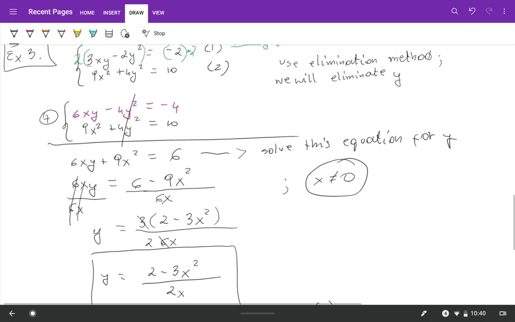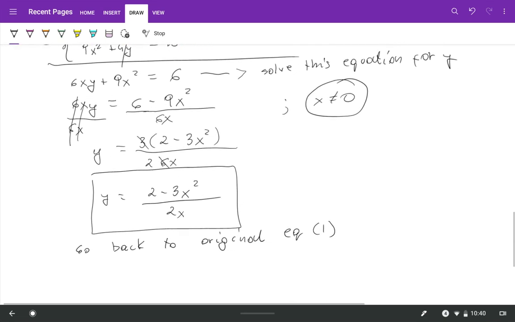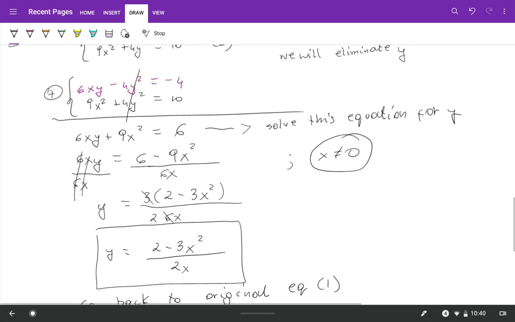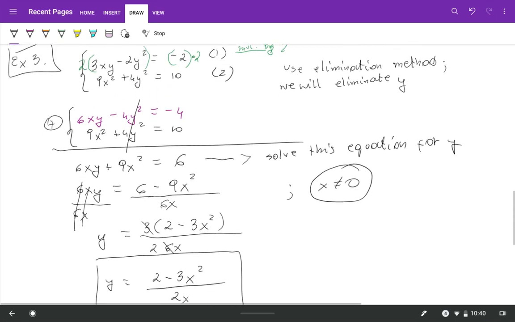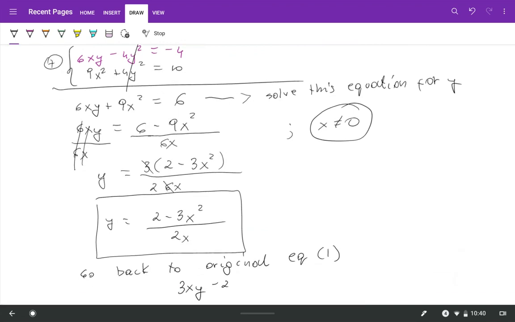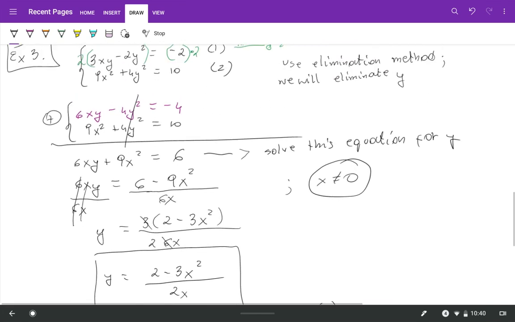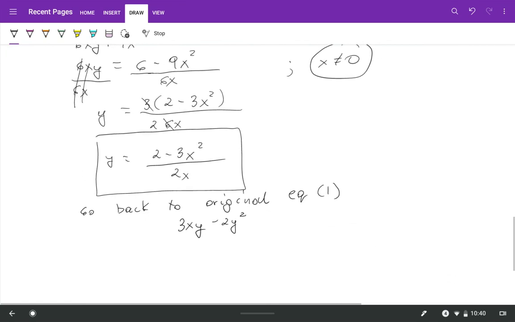Go back to original equation 1. So original equation 1 is 3xy minus 2y squared equal -2. And we're going to replace y.